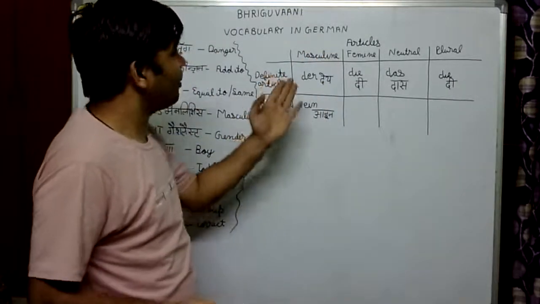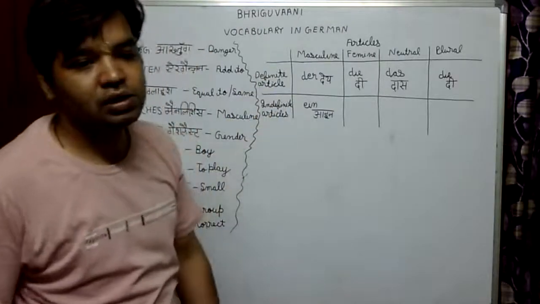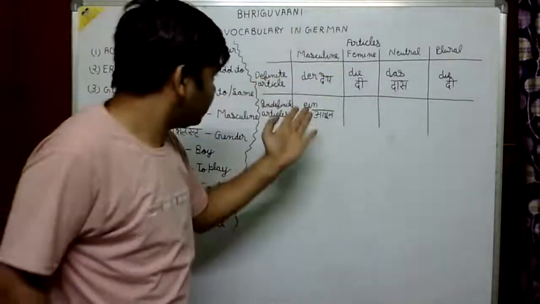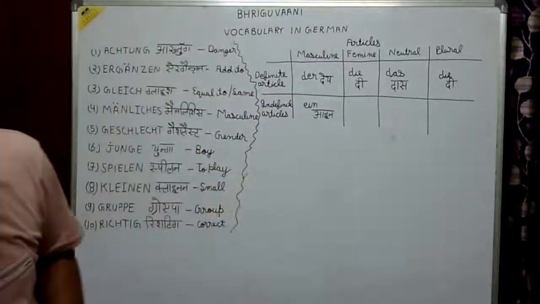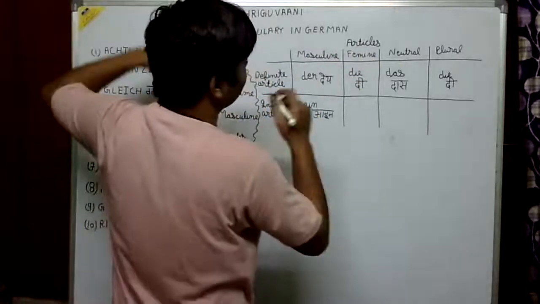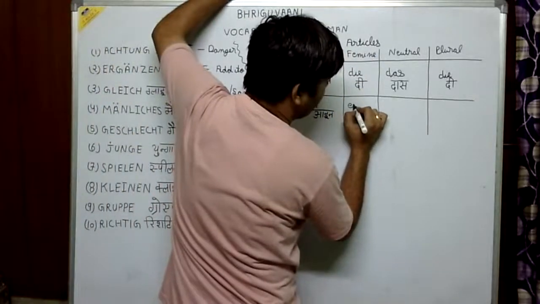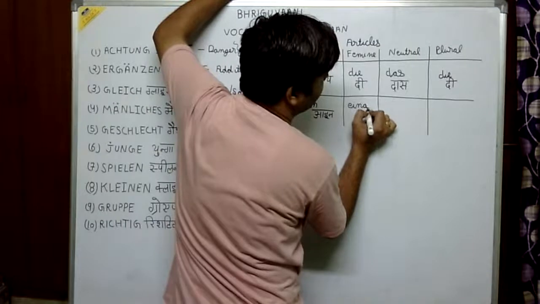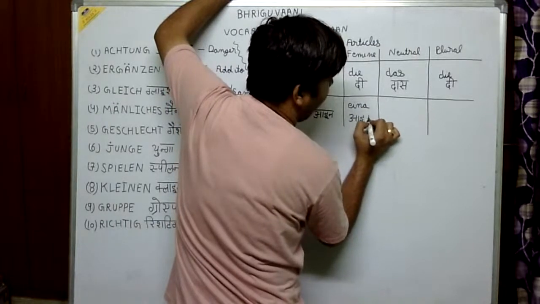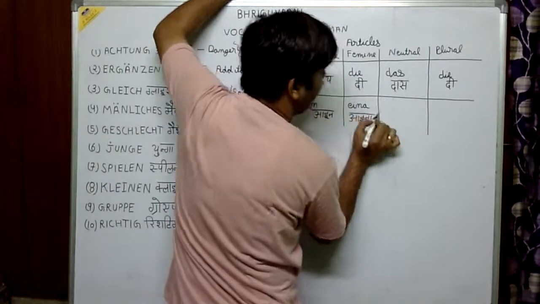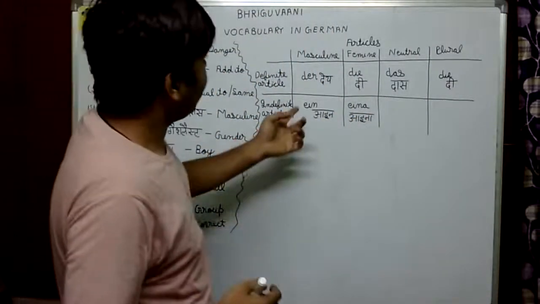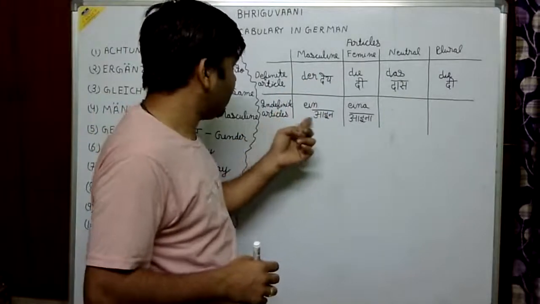Ein for masculine indefinite articles, and for feminine indefinite articles, we are saying eine. In Hindi we write it as aina.